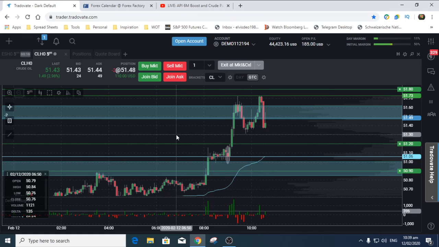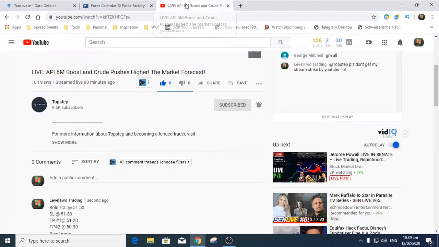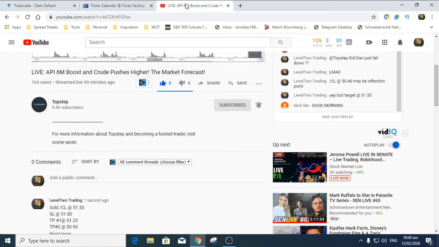Want to see that clean break of that 50 level. Make sure post right in execution. Okay, where we have one live. Bang bang bang.